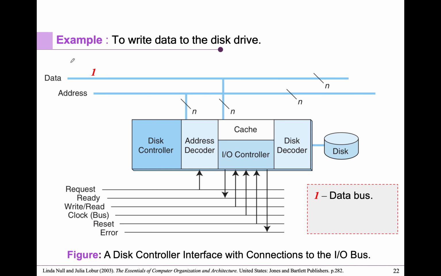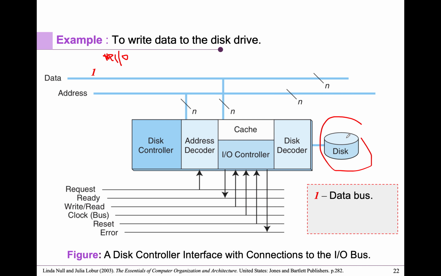Let's say you have something that you want to write into your disk. Let's say you just want to write hello. You want to write hello. So this is the data, and you want to write it into your disk.